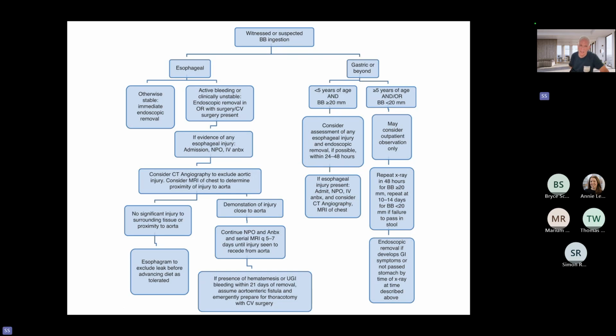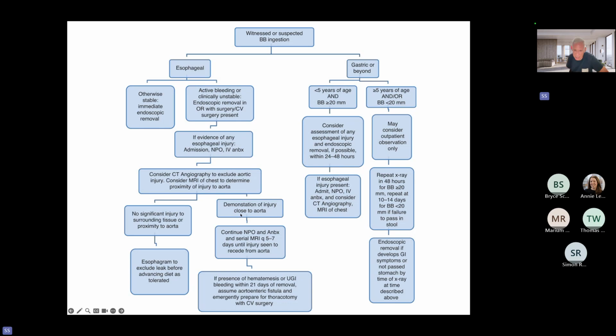So again, anything other than 100% stability of the patient, you want to have surgery present. If evidence of any esophageal injury, admit, NPO, IV antibiotics. Consider CT angiography to exclude aortic injury. Consider an MRI of the chest to determine the proximity of injury to the aorta.